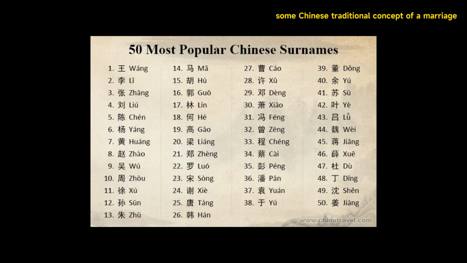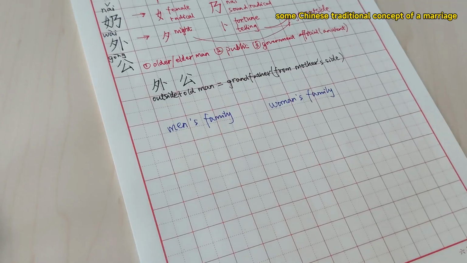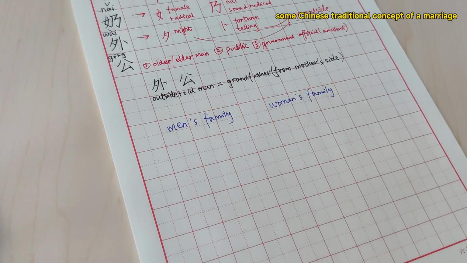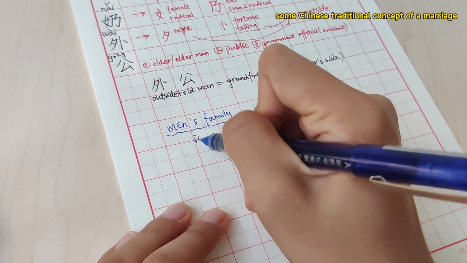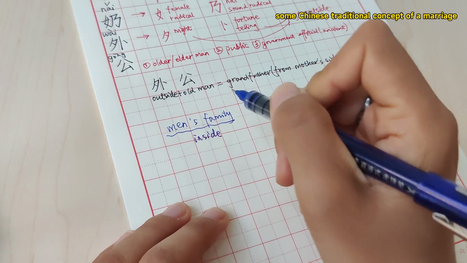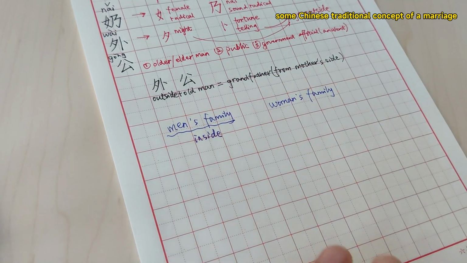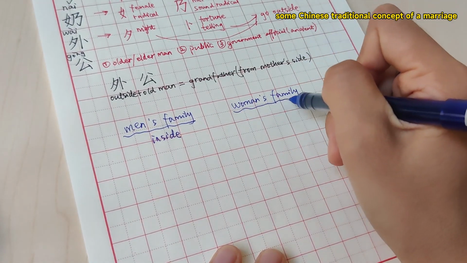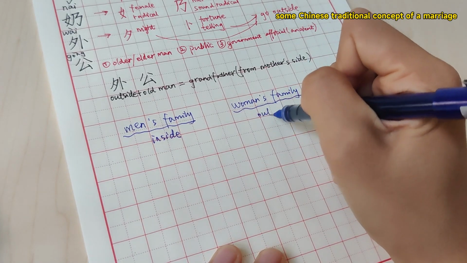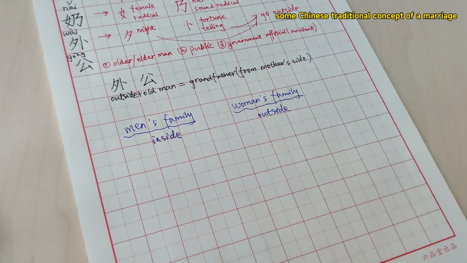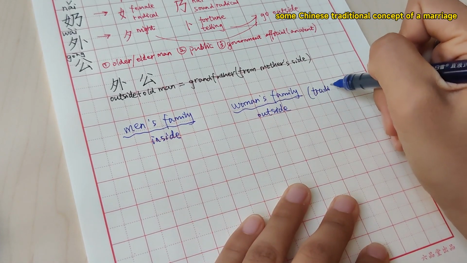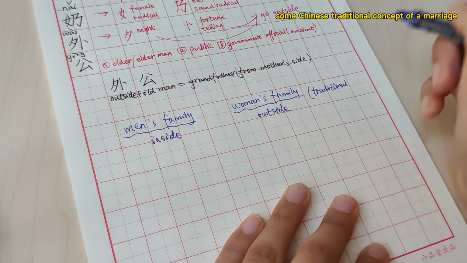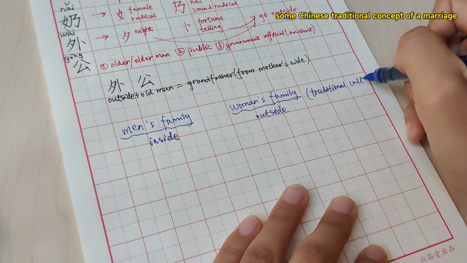Not always, but in most cases. So basically, in Chinese traditional culture, the man's family, we think it's the inside, like insider. And the woman's family, it's outside. Okay? So this is the traditional culture.